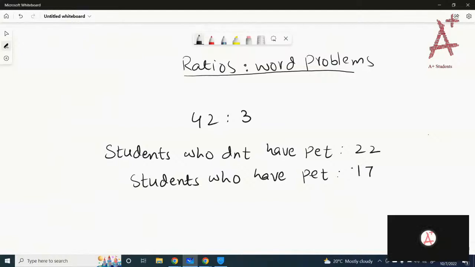You have to write a ratio, so the ratio is 22 ratio 17. Got it?